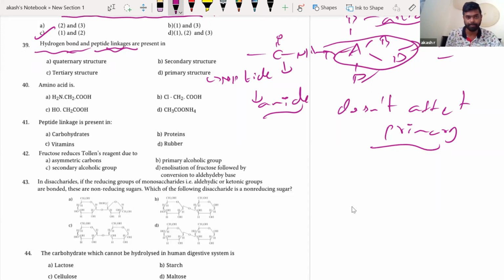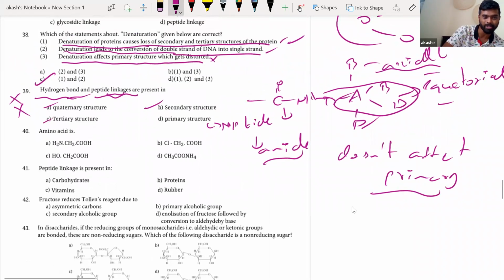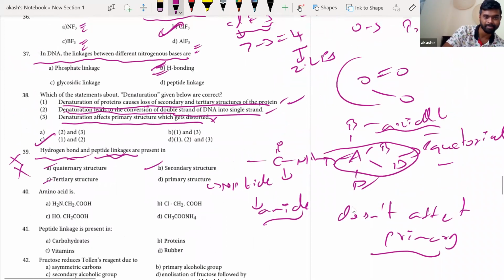This is my peptide bond. Okay. So this question is wrong. Because quaternary, secondary, and tertiary structures, all of them have both hydrogen bonds and peptide linkages. Okay, the question is wrong. Okay. Because quaternary, secondary, and primary all can be answers because all of them contain hydrogen bonding as well as peptide linkages. Okay, I asked them to change this question. I don't know why they didn't change.